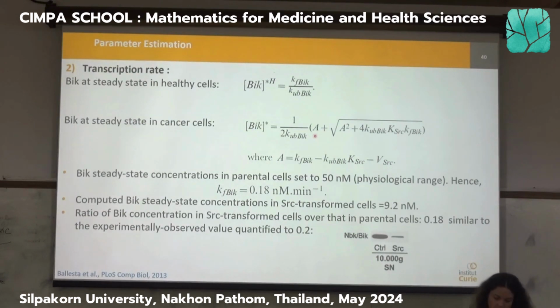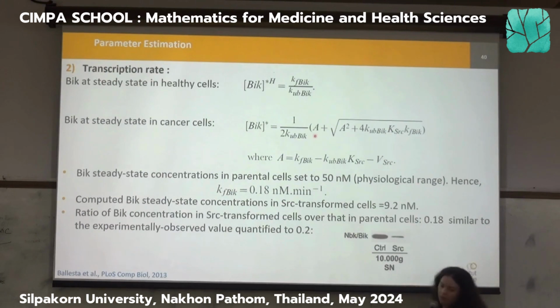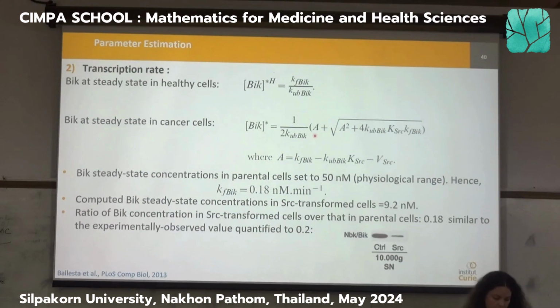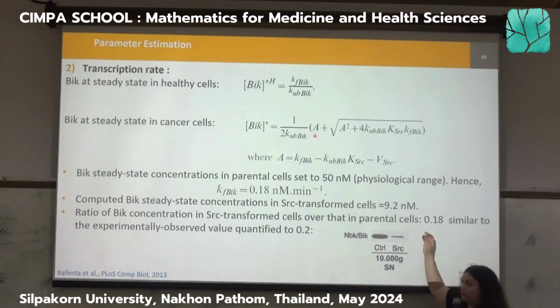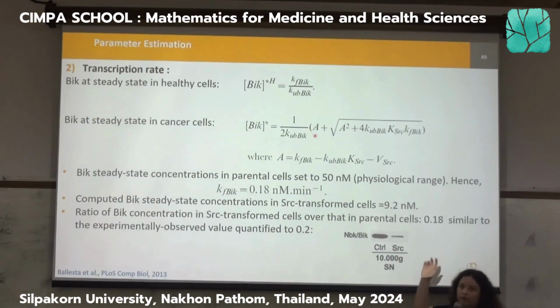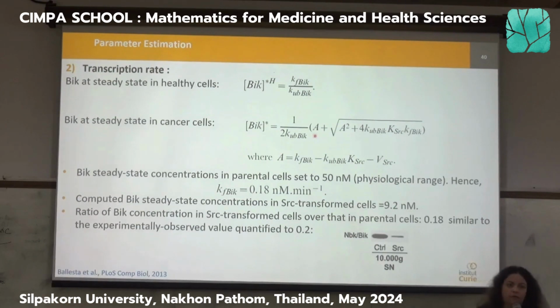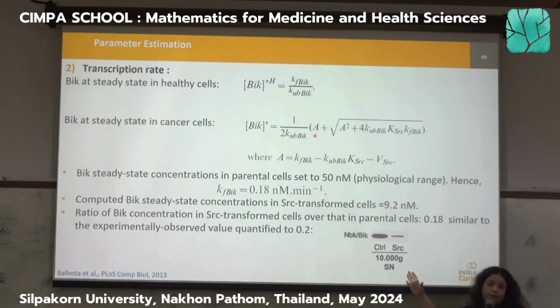This is what we have done, and this is what you get: 9.2 nanomolar for Bic in the cancer cells. Then you can compute the ratio of Bic between cancer and normal, and you get 0.18. Without using that data, I got 0.18, and what I wanted was 0.2, which is really, really close. So this is a way to partially validate my model using an independent piece of data.